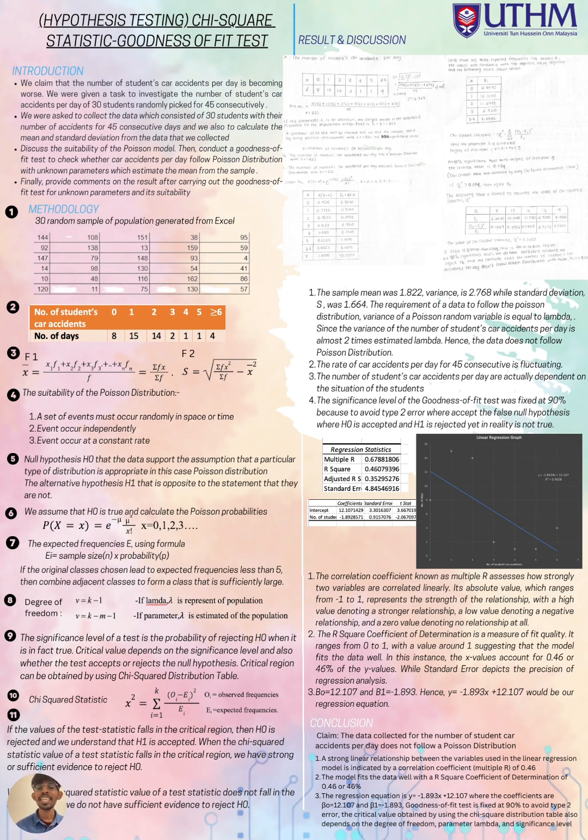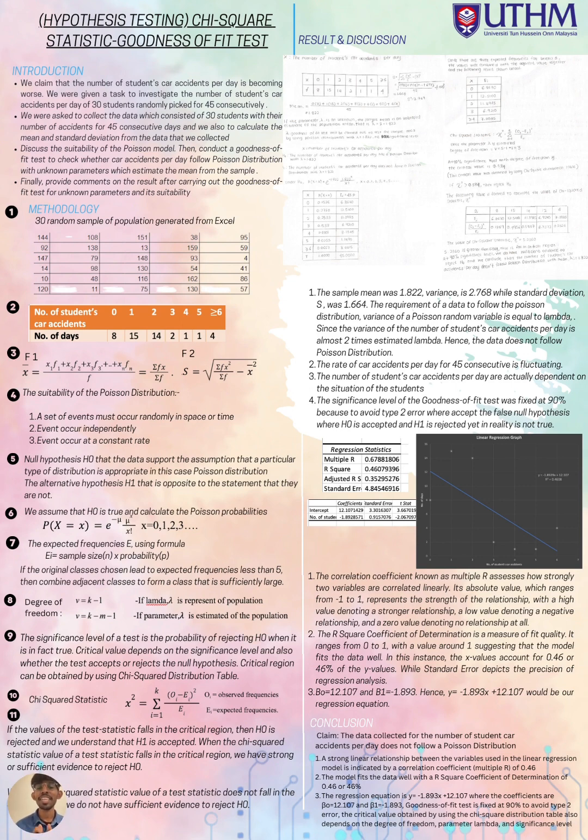Finally, the critical value obtained by using the chi-square distribution table actually depends on the degree of freedom and significance level. Normally, if the population parameter lambda is given, we will calculate the Poisson probability.